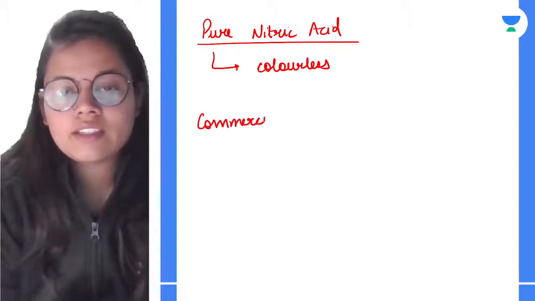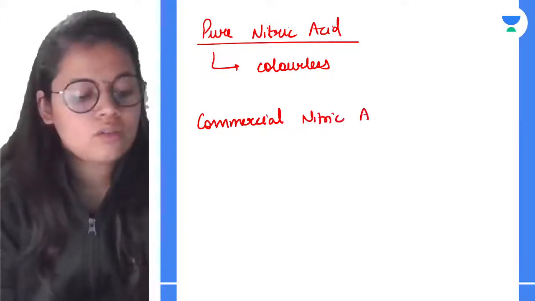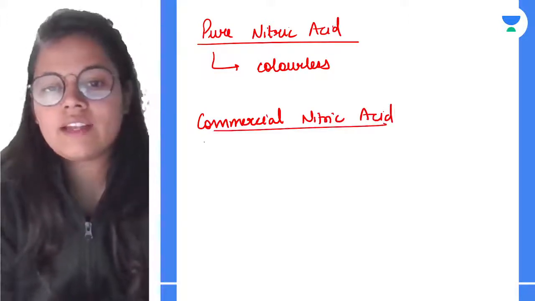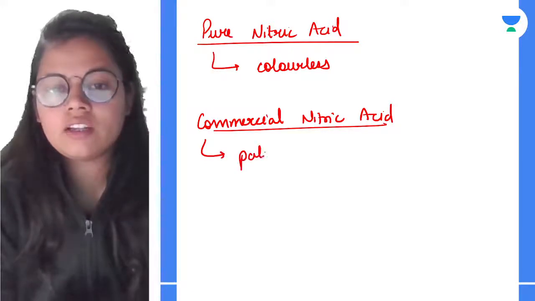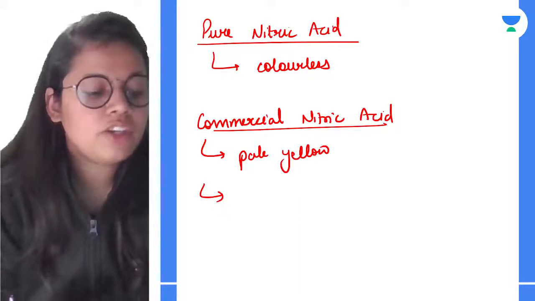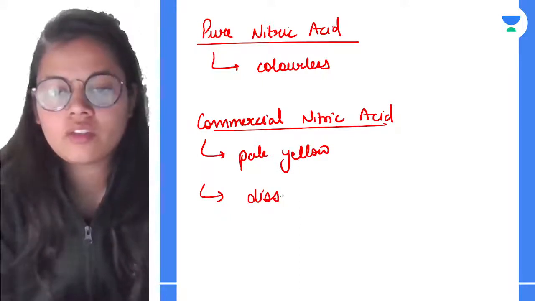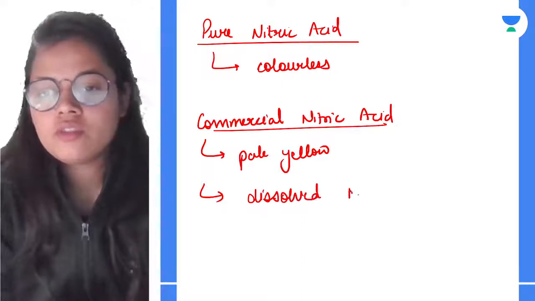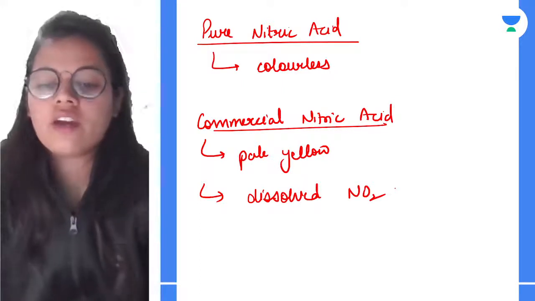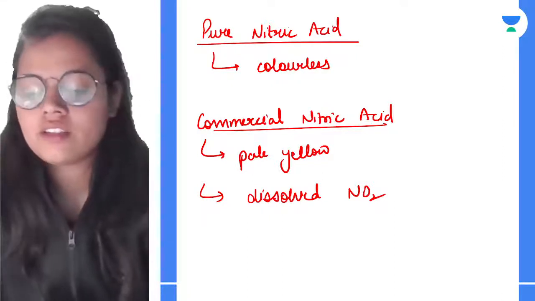Can I get the answer in the chat box? Why is commercial nitric acid pale yellow in color? It is due to dissolved nitrogen dioxide. So it is due to dissolved nitrogen dioxide that we get a pale yellowish color.